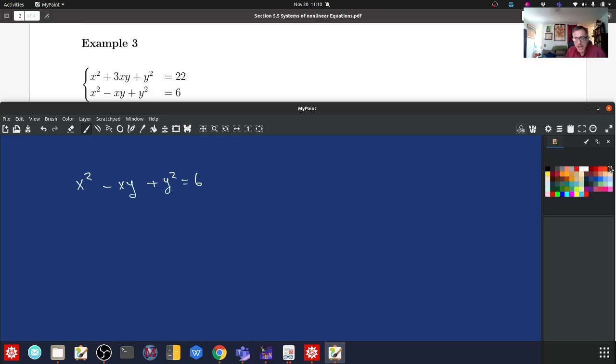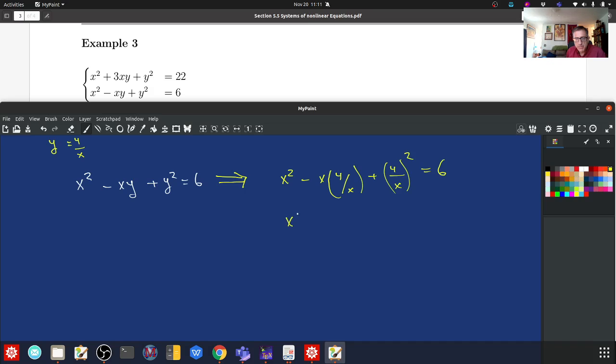So remember, I have this little thing that y is equal to 4 divided by x, provided x is not equal to 0. So I'm going to go ahead and use that information. That implies x squared minus x times 4 divided by x, plus 4 divided by x squared, so I'm just replacing y with 4 divided by x, is equal to 6.